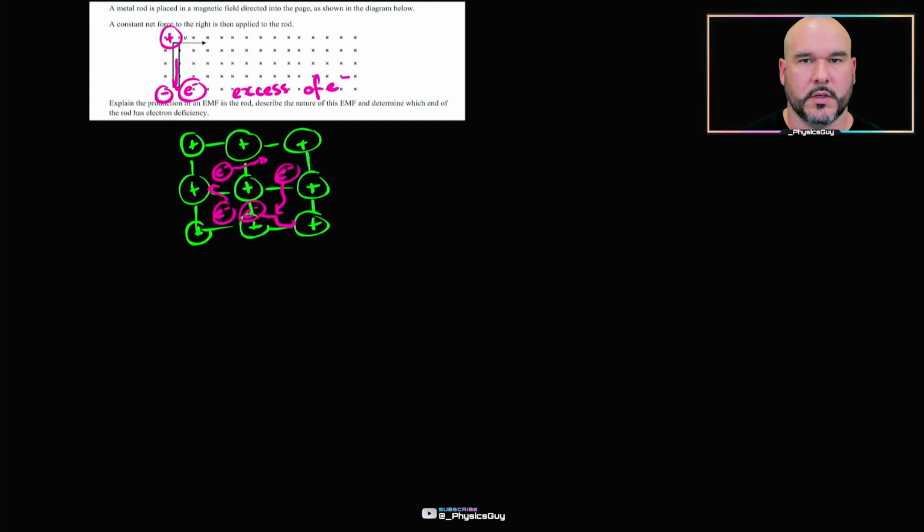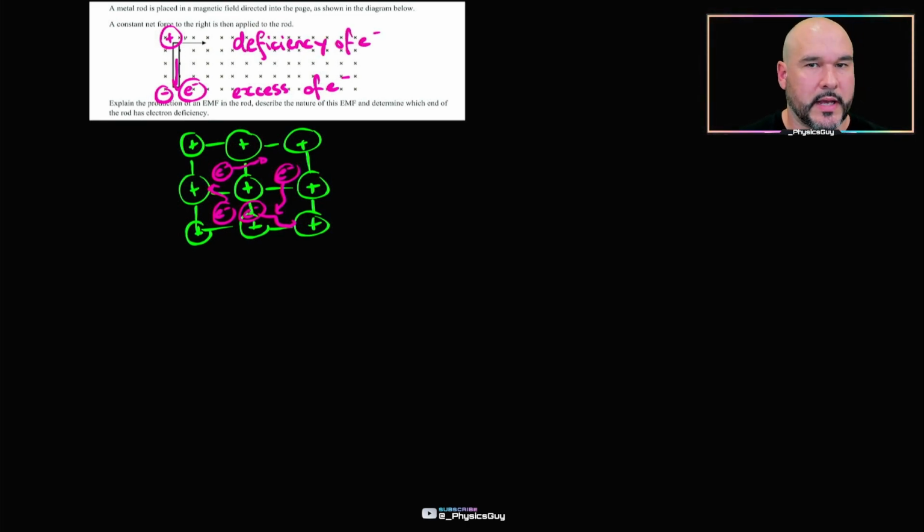So if the negative charge flows down the rod, there's more negative charge down the bottom than there was before, therefore it becomes negatively charged. And likewise, negative charge has moved away from the top, and therefore it becomes relatively positive. We're not going to say excess of protons, we're not going to say excess of positive metal ions. Rather, we're going to say that there's missing electrons, or a deficiency of electrons.